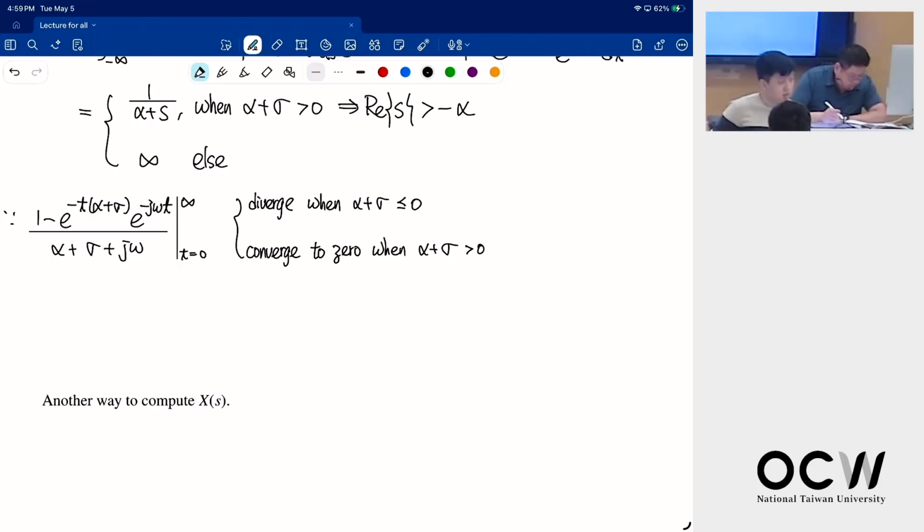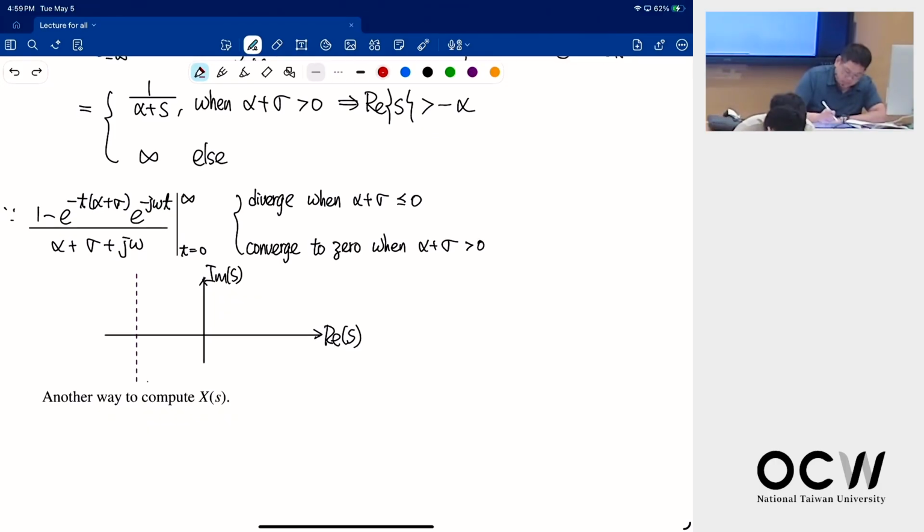So here's the real part of s, imaginary part of s. So suppose here, those areas or regions are good. They won't diverge.